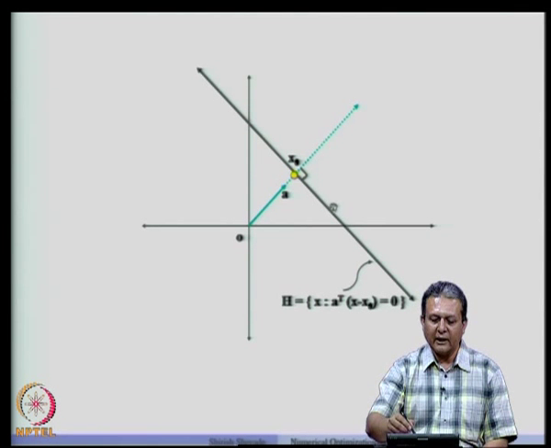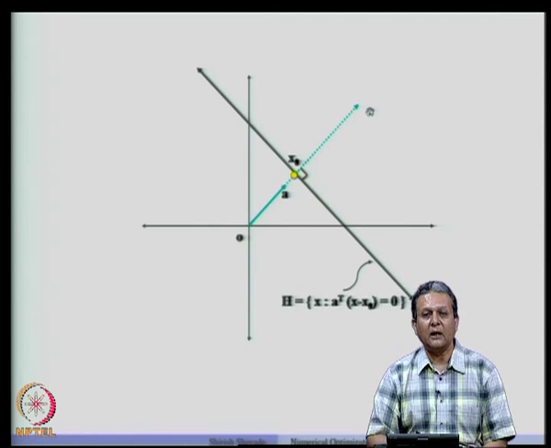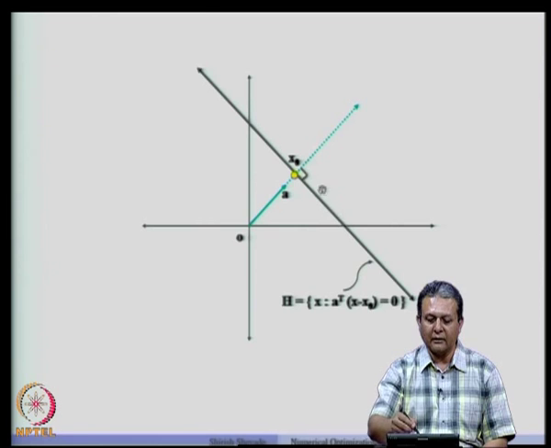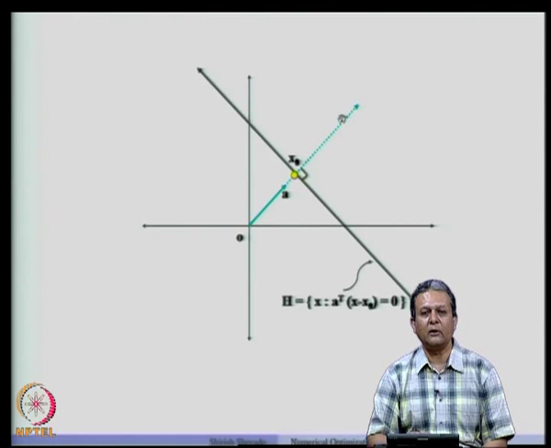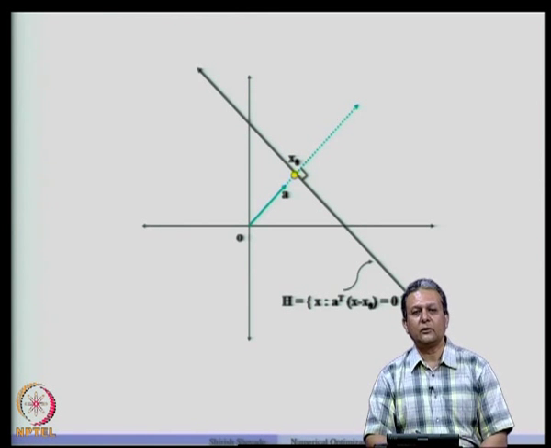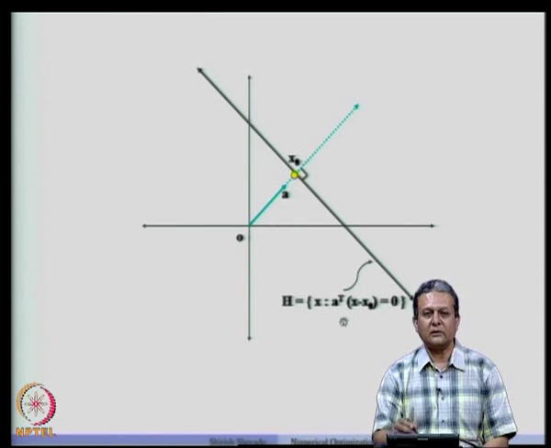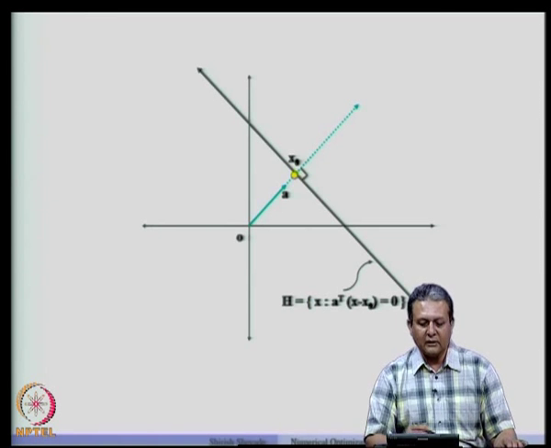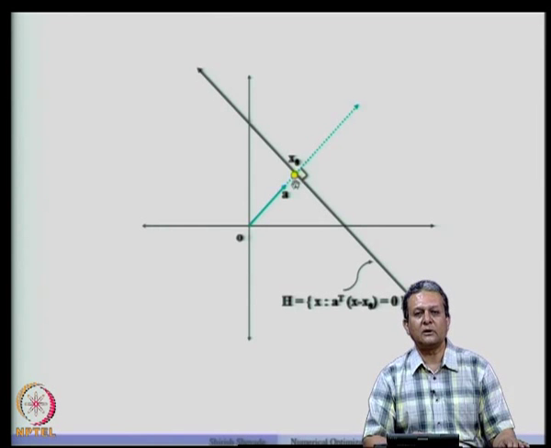So, you will see that if we take any vector on this and form the vector x minus x naught and take a dot product of that vector with A, since they are perpendicular or orthogonal to each other, their dot product is 0, and that is what is reflected in the definition of this hyperplane. So, it is just another way to represent a hyperplane if you know a point x0 which belongs to the hyperplane, and if you know the normal A to the hyperplane.